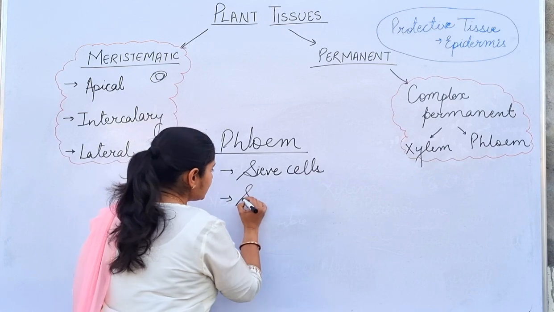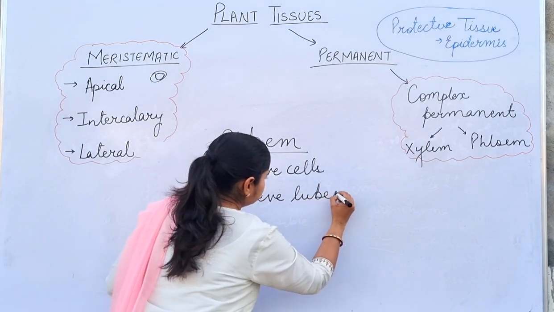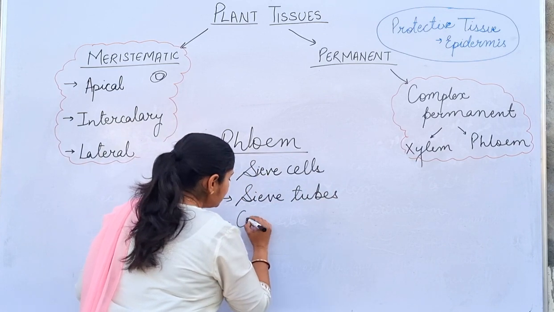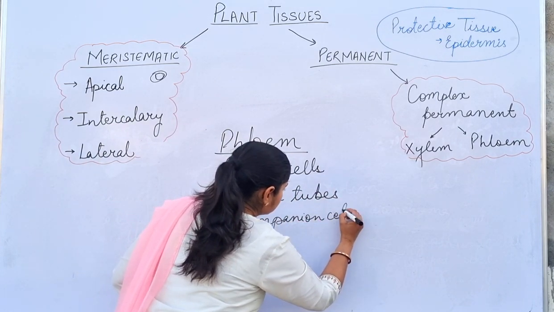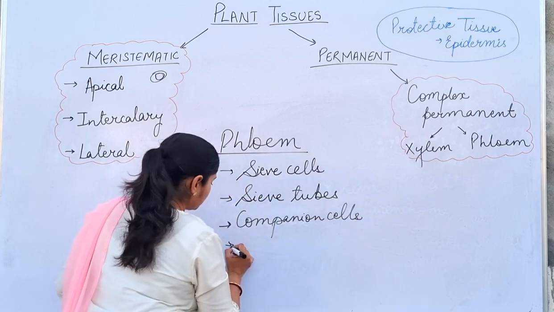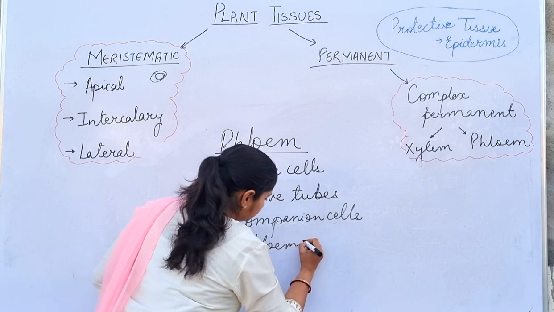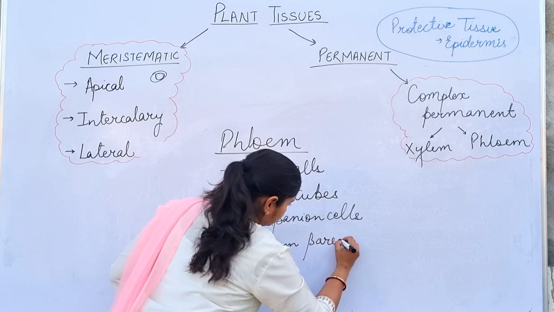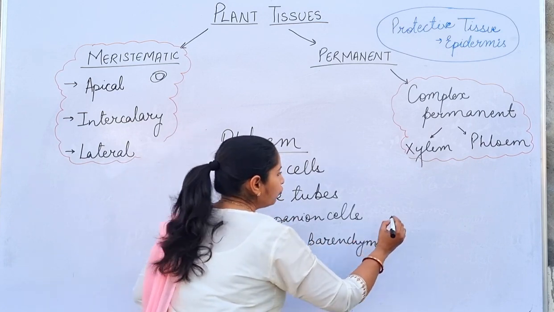Sieve cells, sieve tubes, companion cells, phloem parenchyma, and phloem fiber.